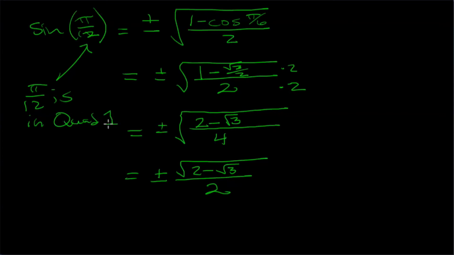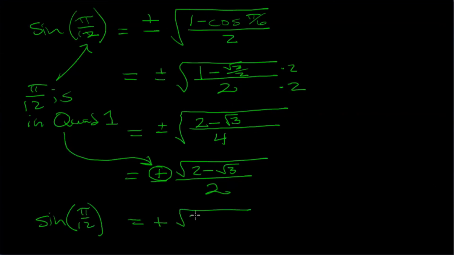And since I know it's in quadrant 1, is sine positive or negative in quadrant 1? It's positive. So then when I come down here, I know that I have to use the positive sign. And so my final answer would be that the sine of pi over 12 is positive root 2 minus square root of 3 all over 2.